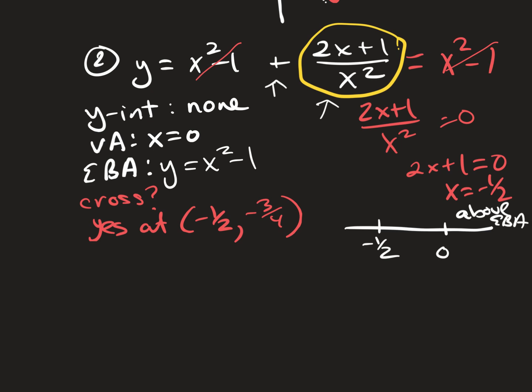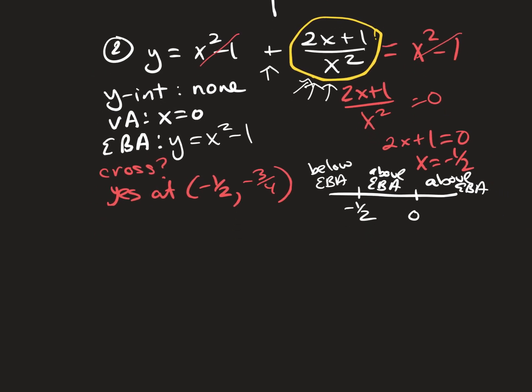And on the other side of 0, I'm still positive for this piece, so I'm still going to be above the EBA. But then when I go across -1/2, like plug in something like -1, that piece is going to be negative, so I'm going to be below the EBA. Again, this is important information to help my graph.